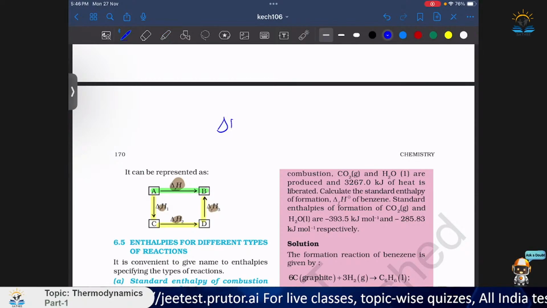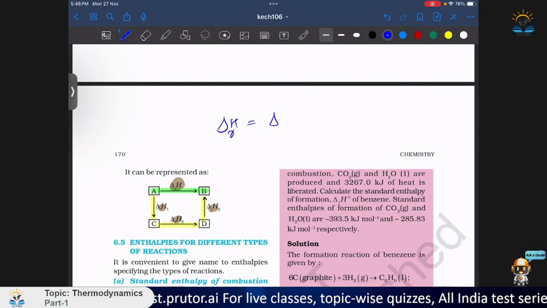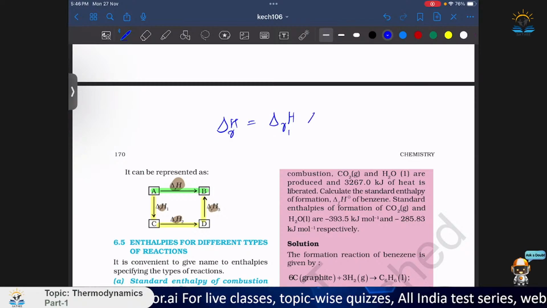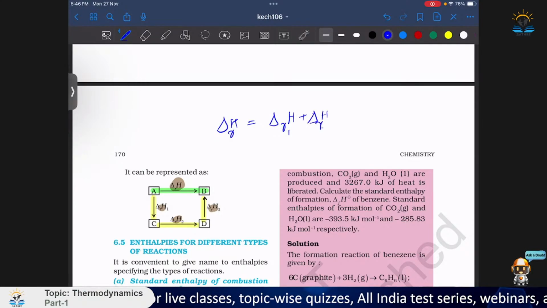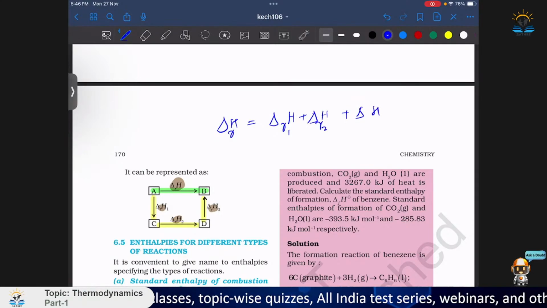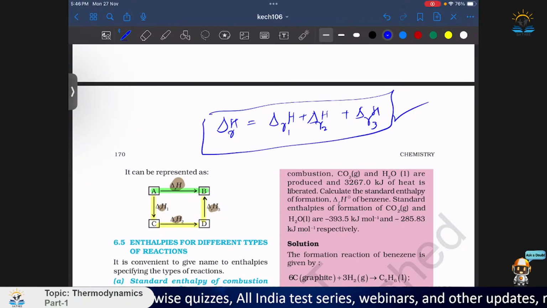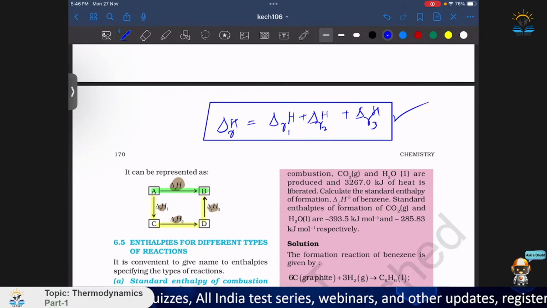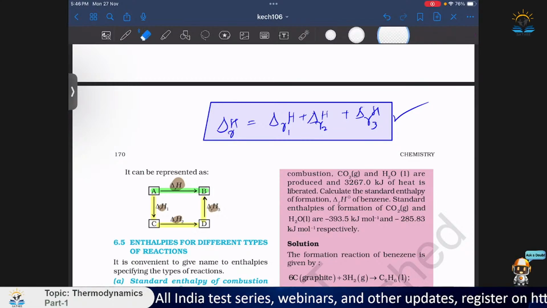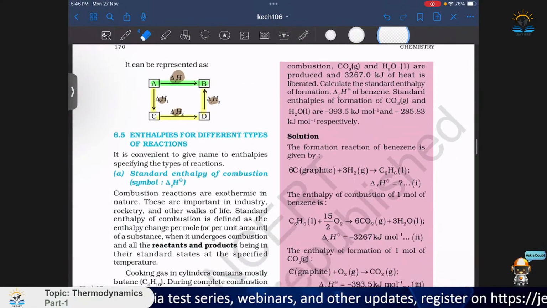At the end, delta H R will be the sum of delta H R1, delta H R2 and delta H R3. This is Hess law. Whatever path you follow, if the initial and final products are the same, then the enthalpy change should be the same.